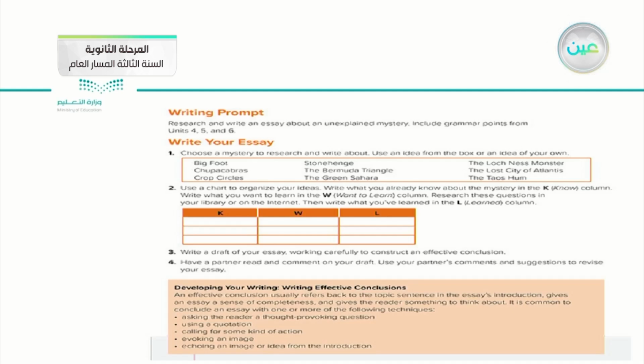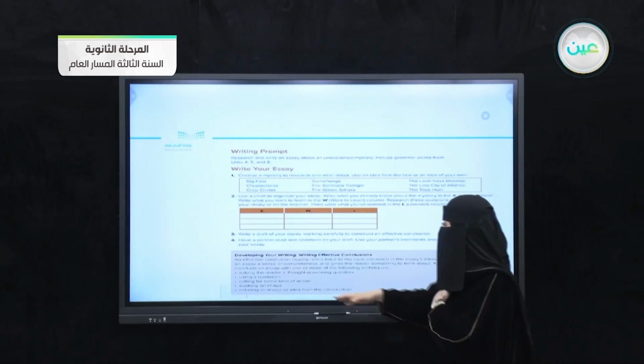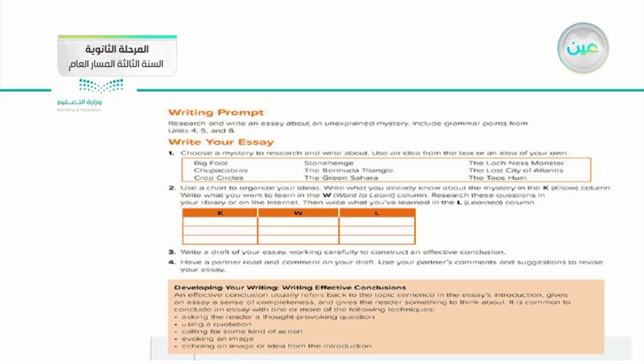Ask them a good question about the first part, the second part, the body of it: what do you think, your opinion as a reader, and so on. Number two, using a quotation, which means that when you find a speech from any science or any research, you should put the exact words inside quotation marks as we discussed before. Calling for some kind of action.